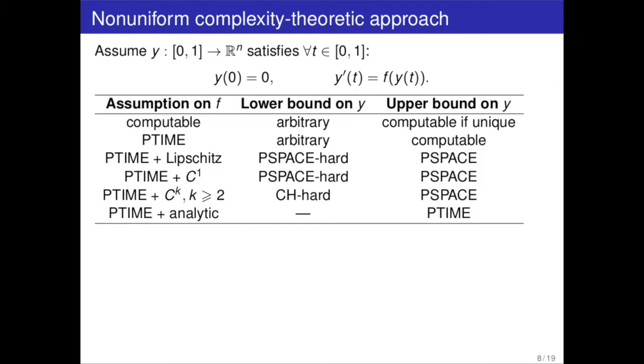So if you have a nonlinear polynomial differential equation, in theory it's easy to compute. Why do you have nothing here? It's because you could prove there's a P-time lower bound, but it's very technical. What does it mean to have a P-time lower bound? So I prefer to leave that space empty.